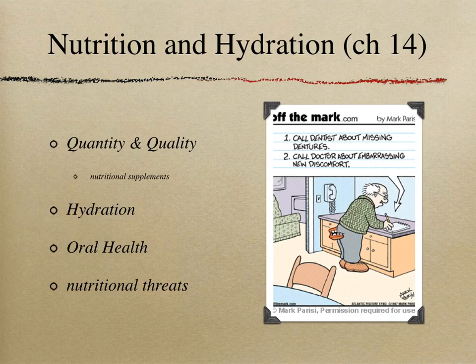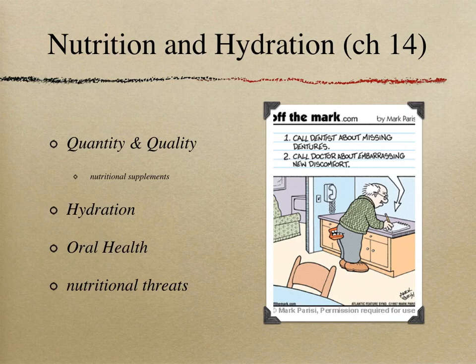Or if they're not moving at all, but they're getting gastrostomy tube feedings for their nutritional source, how many calories do they need if they're not burning calories off? If they've had a stroke and they're limited, how many calories do they really need to maintain the current body weight that they have?